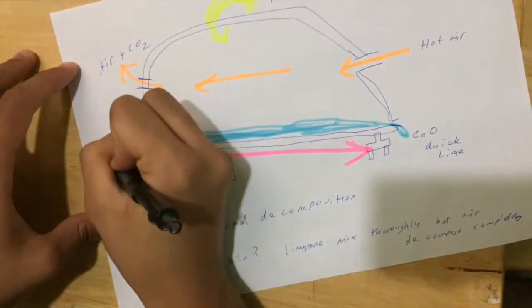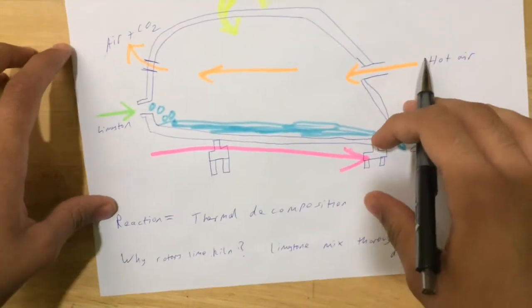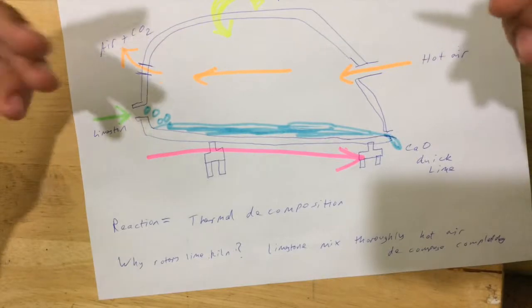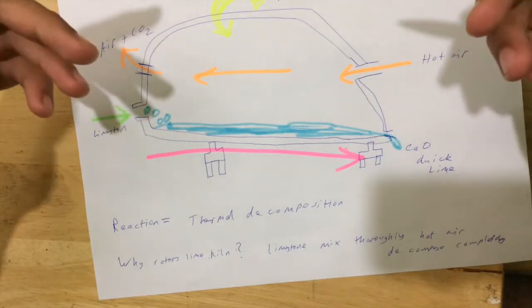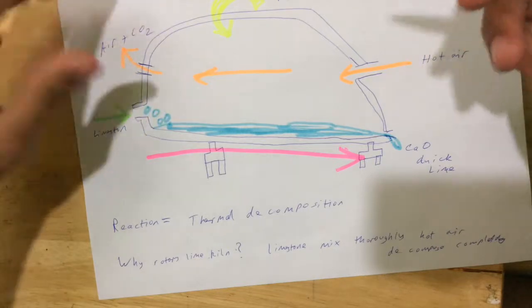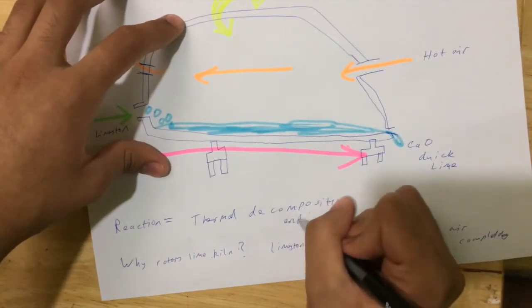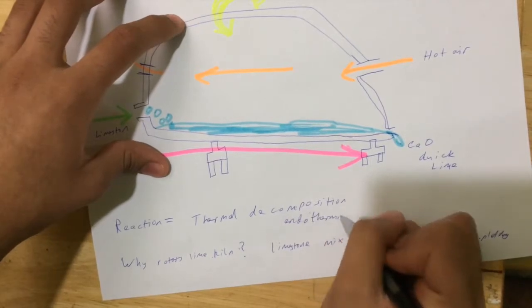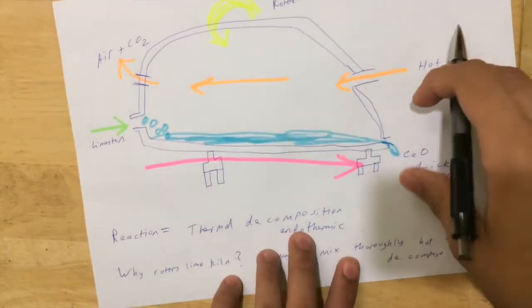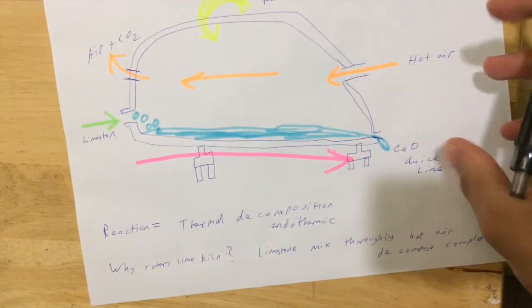And obviously we add the limestone here. The hot air is to give the particles enough energy to be above activation energy in order to go through the reaction. Thermal decomposition requires heat because it is endothermic. Yeah, that's actually it.